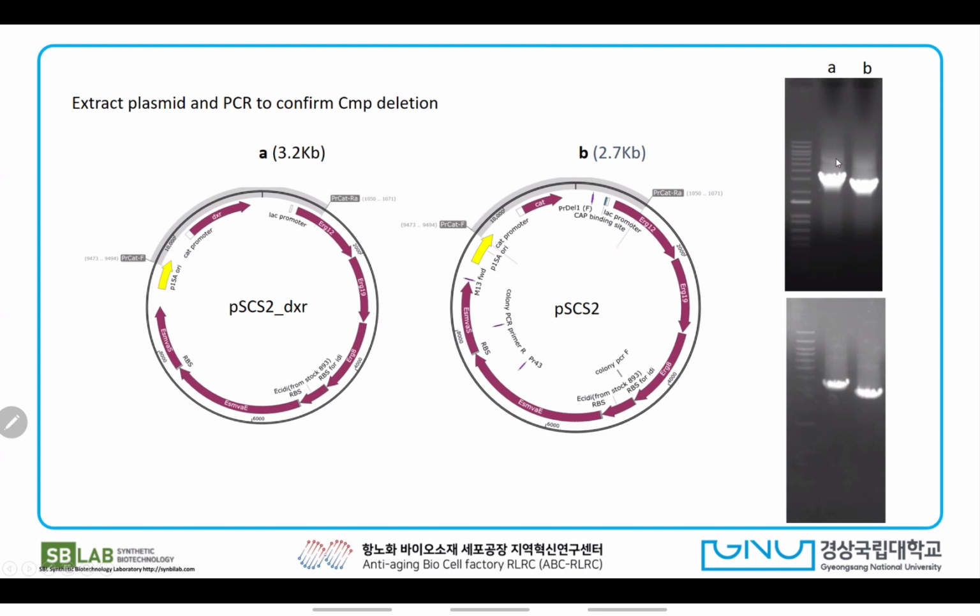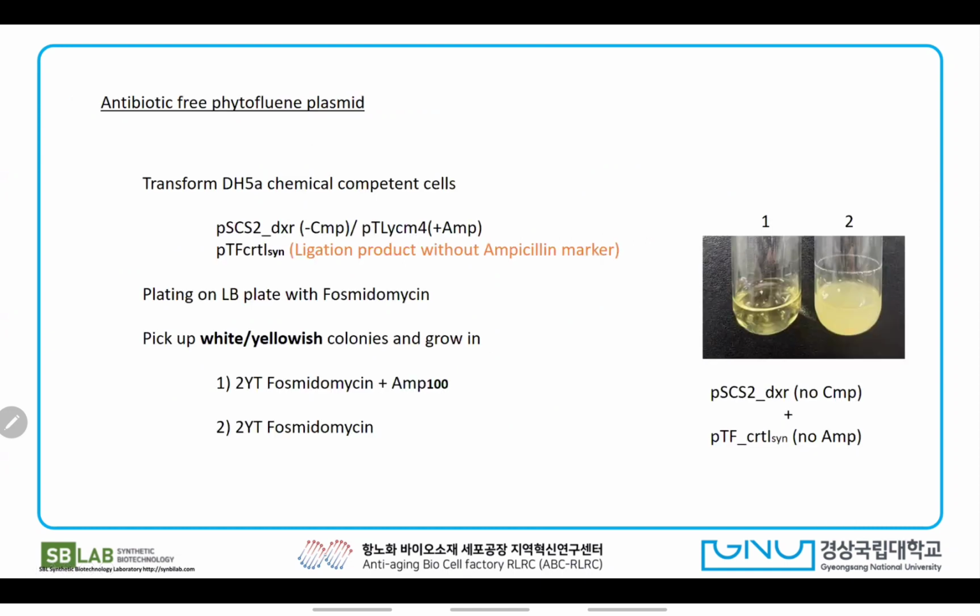We can easily see here in A, our plasmid extract is bigger in size compared to B, the original PSCS2 with chloramphenicol.